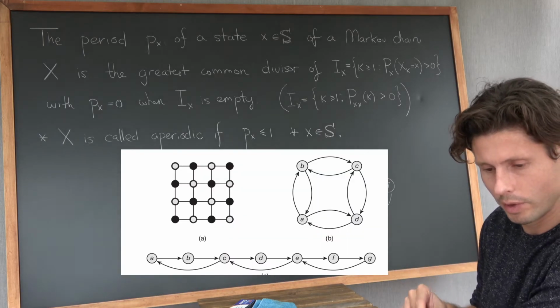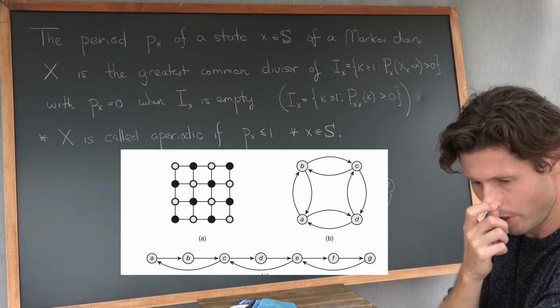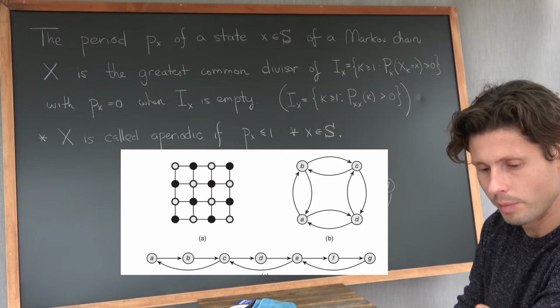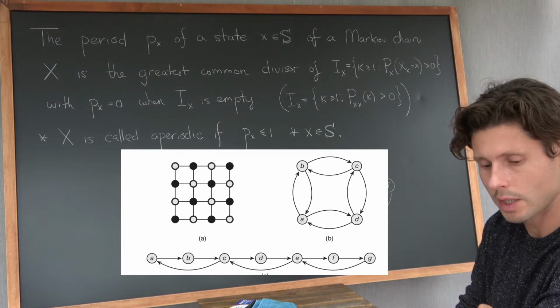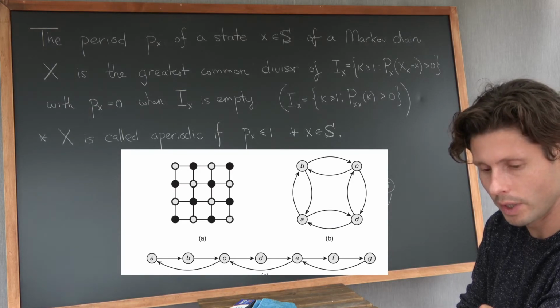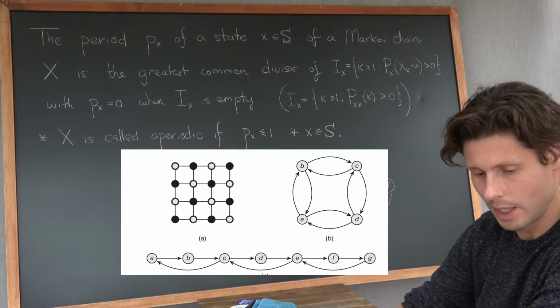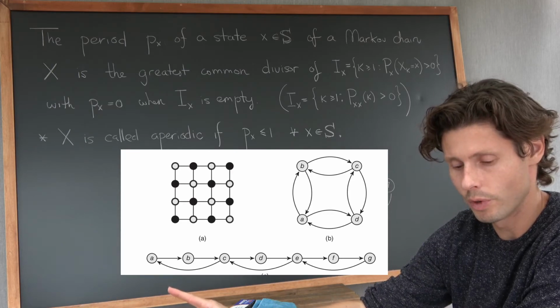So I want to specifically point out the very last example on the bottom of this drawing, where the period, if you write it out, you'll see the period is 3. In the set you will see numbers 3, 6, 9, and so on, multiples of 3, multiples of the period. And here you don't have the same sort of property that you always return in 3 before you return in 6.